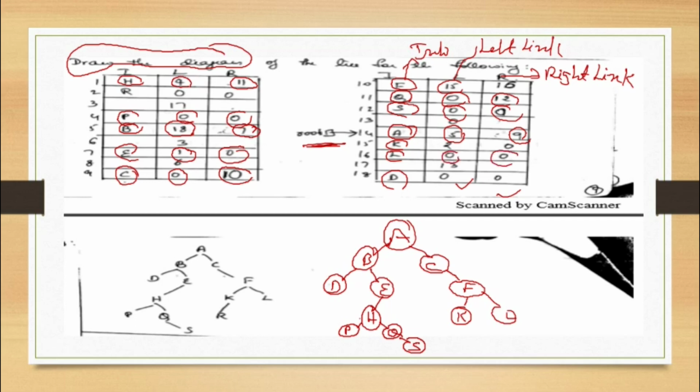But K has a left child. It doesn't have a right child, which is 0, but K has a left child, so it goes down again. It is in the second location, which is R. This is our last element of the tree. This is the left of K. K's left is R. R doesn't have a left and right child.